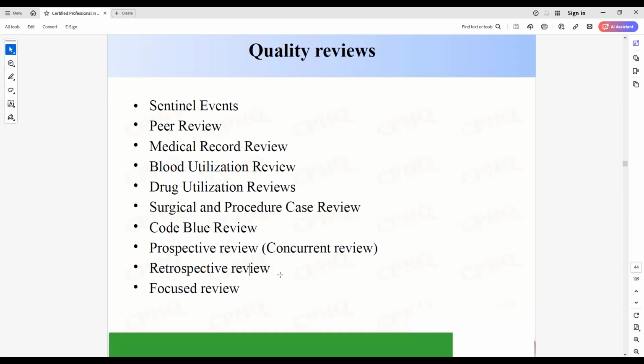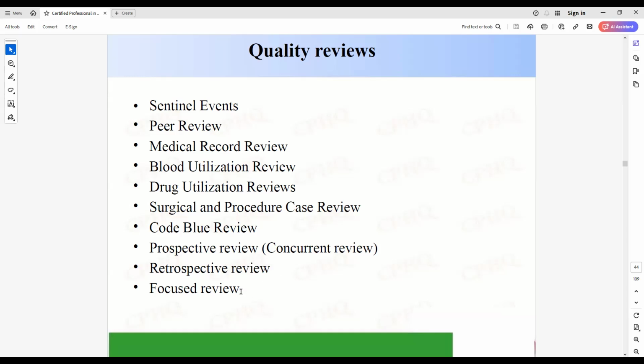We collect all of the code documents on a monthly basis and review them, because they have a lot of information. When did we start the code? When did we start advanced life support? When did the code team arrive? That's retrospective. It's after the fact. It happened, and now I'm reviewing it.